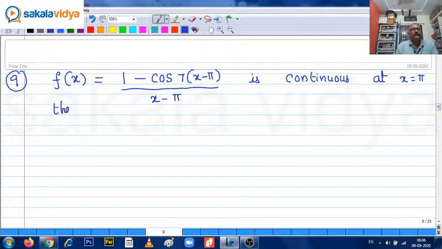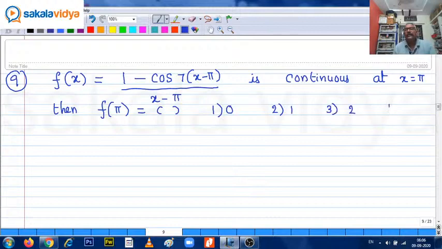Then f of pi equals, first option 0, second option 1, third option is 2, fourth option is 3.